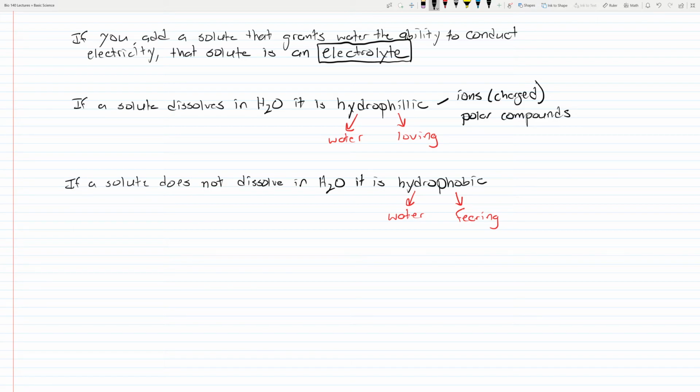Now, in general, what are going to be my hydrophobics? This is pretty simple for us: our fats, oils, and non-polars.